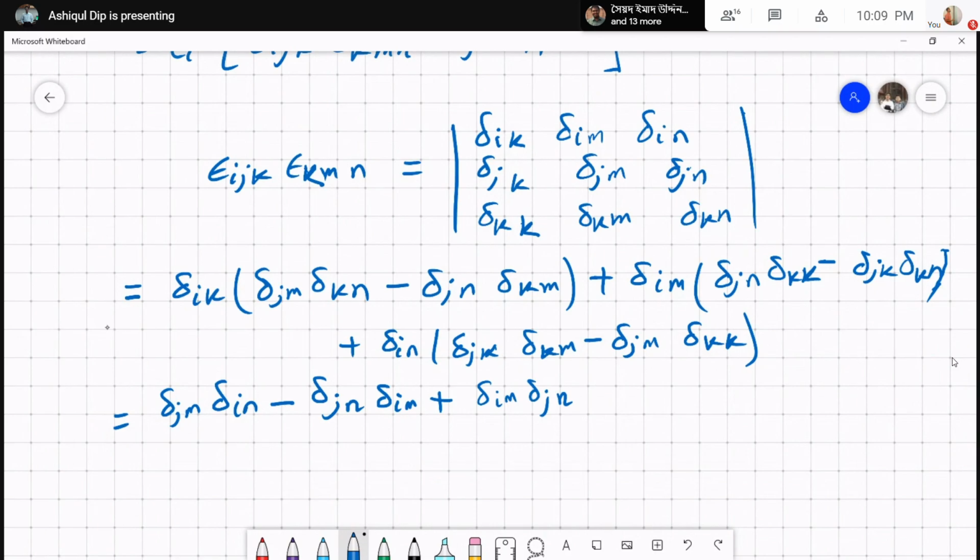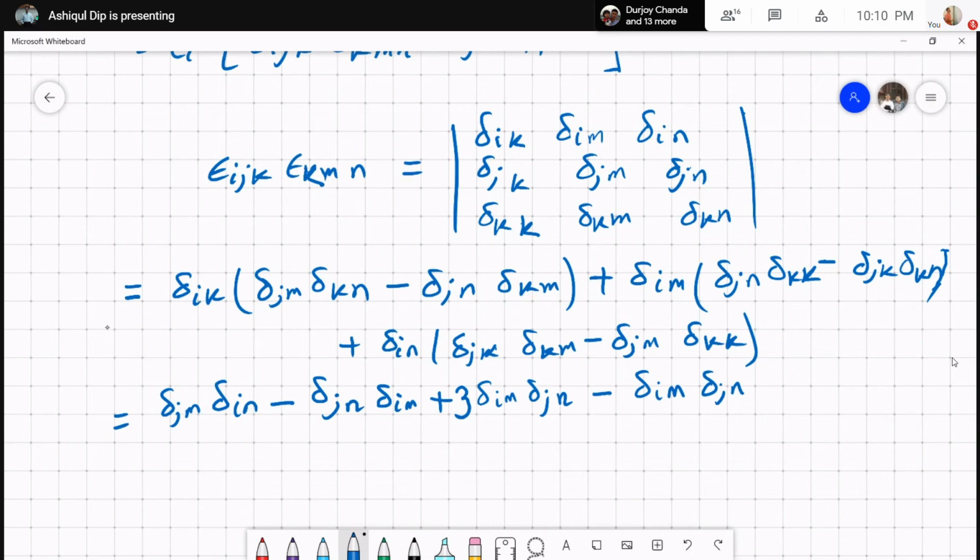No, sorry, it's just 3. We saw that earlier, right? Delta kk is 3, because we have a sum over k. Okay, then delta im is like that, but what about delta jk, delta kn? It's delta jn.